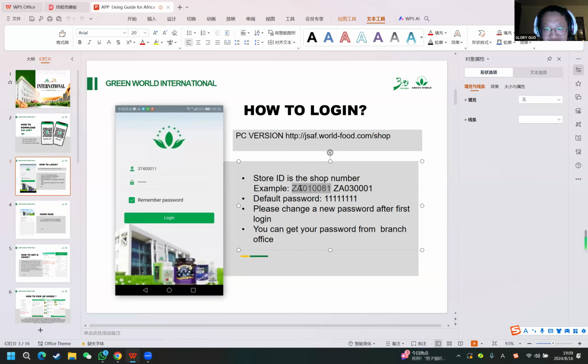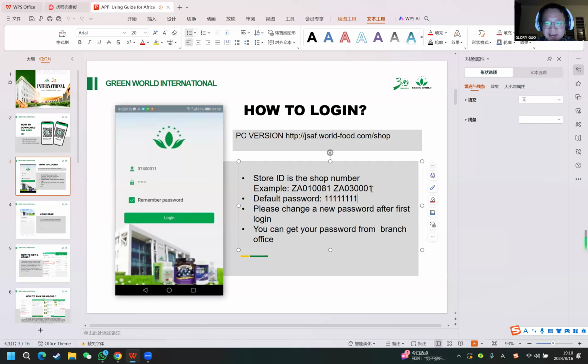And this is an example. ZA means South Africa. 01 means Johannesburg. And then the shop number. For example, this one is shop 81. You can see the second example, that is ZA for South Africa, 03 for Cape Town branch. 0001 means the first shop in Cape Town. This is just the example.